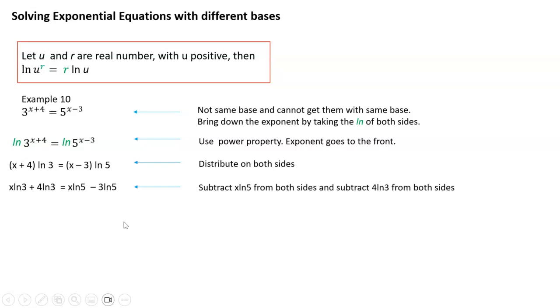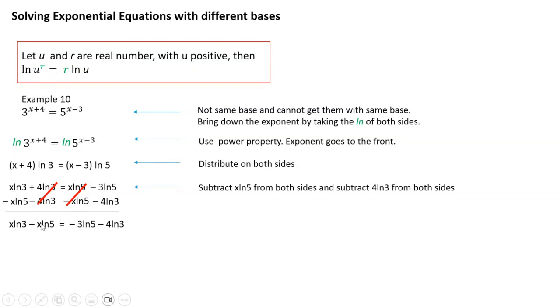Minus x ln of 5, minus x ln of 5. At the same time, I'm going to send the 4 ln of 3 to the right side. Minus 4 ln of 3, minus 4 ln of 3. These cancel, because that'll be 0, and that'll be 0. So what's left? x ln of 3 minus x ln of 5 on the left side. On the right side, we have 3 ln of 5 minus 4 ln of 3.